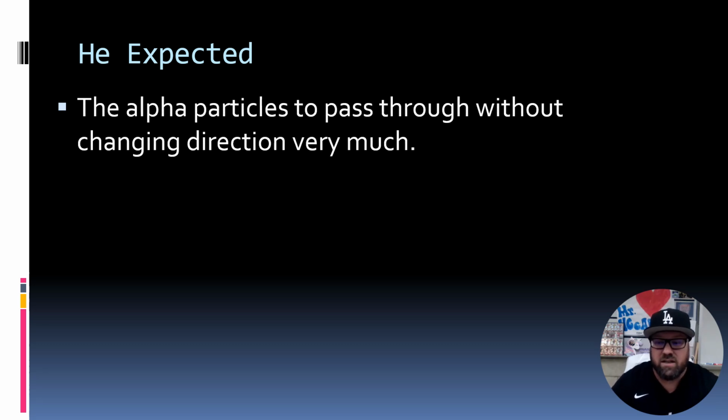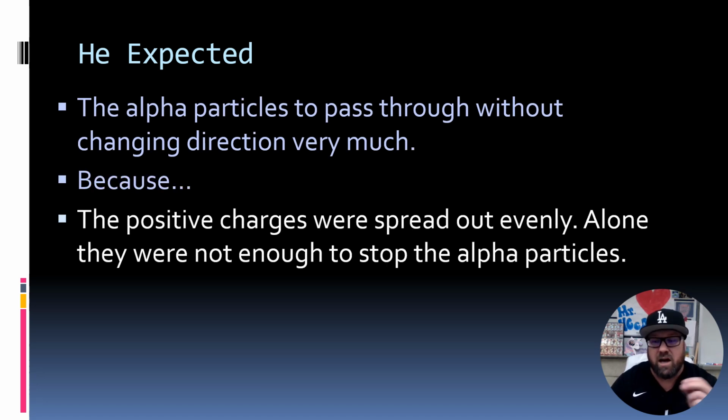Now, here's what Rutherford expected. He expected the particles of alpha to pass through without changing direction very much because the positive charges in the plum pudding model, remember he believed plum pudding, the positive charges were so spread out that there was essentially nothing for the positive alpha to deflect or rebound off of.